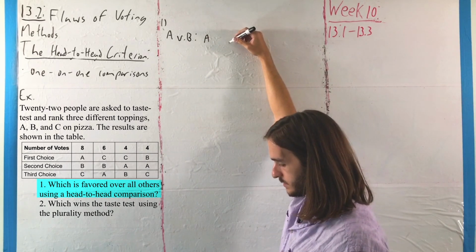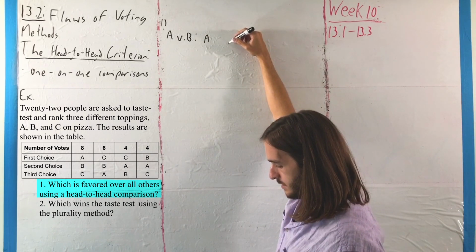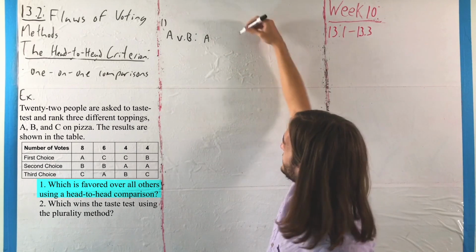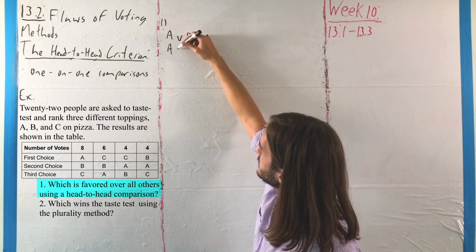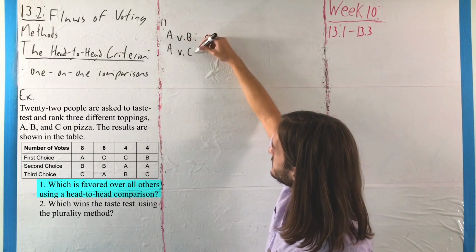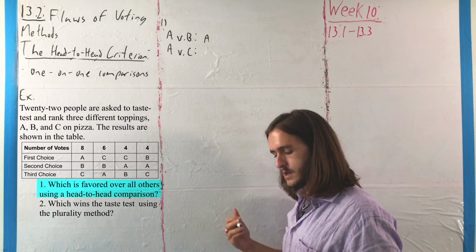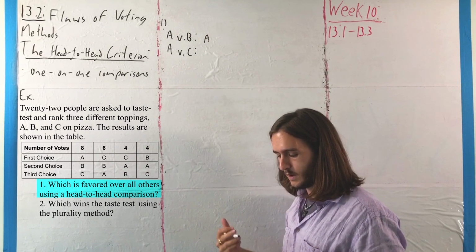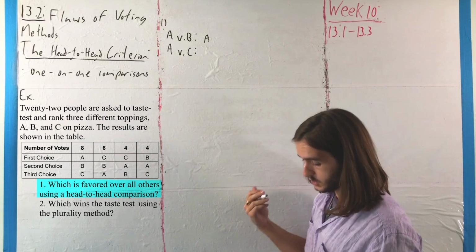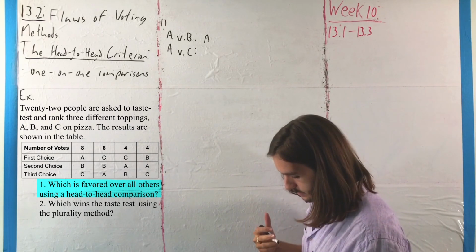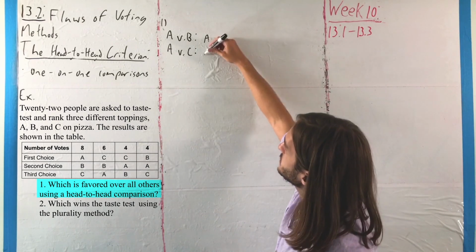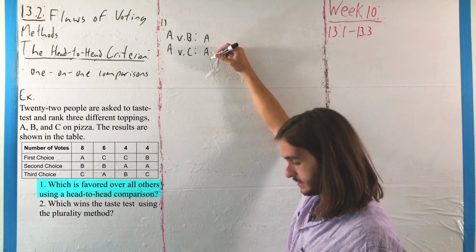Then for A versus C, we can see here that A is favored in columns 1 and 4 for another 12 votes out of that possible 22, which means A wins again.